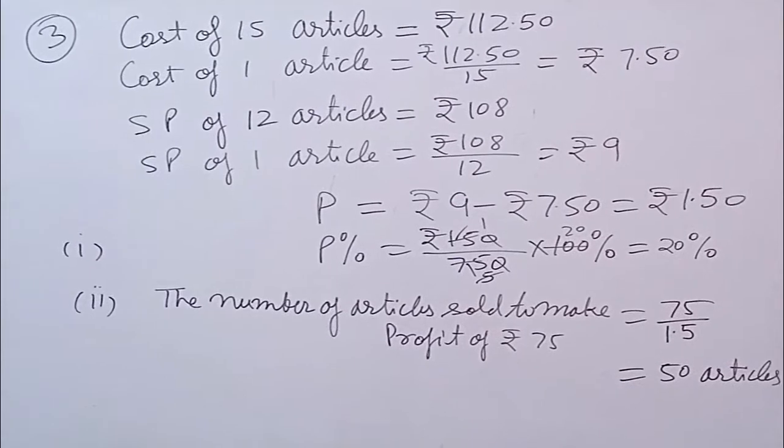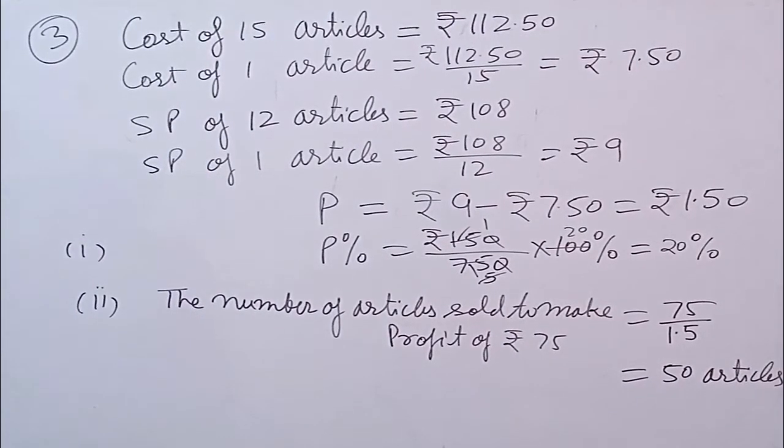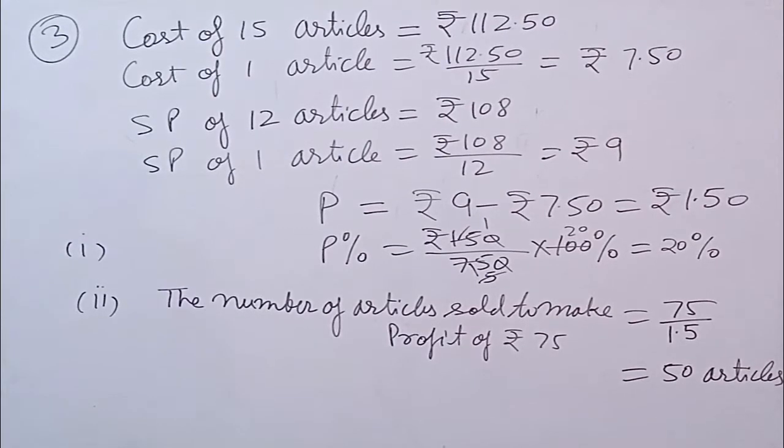Children, now I am taking question number 3 of the same exercise. A man buys a certain number of articles at 15 for rupees 112.50 and sells them at 12 for rupees 108. Find the gain percent and the number of articles sold to make a profit of rupees 75.